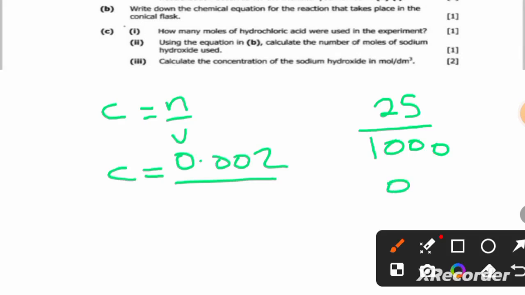We are going to get 0.025. So here we are going to have 0.025.